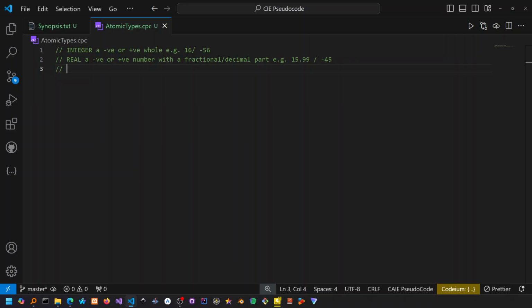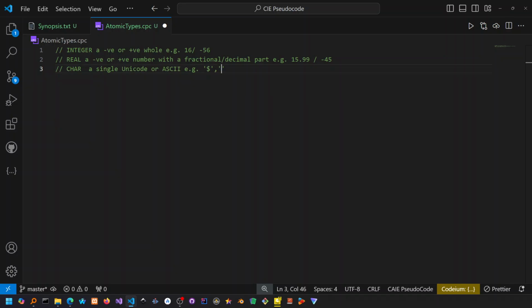Then another type that we designate is character. This is essentially a single Unicode or ASCII character. Like for instance, you could have the dollar sign, or you could have the percentage sign.